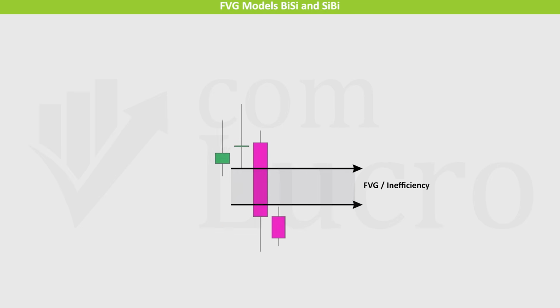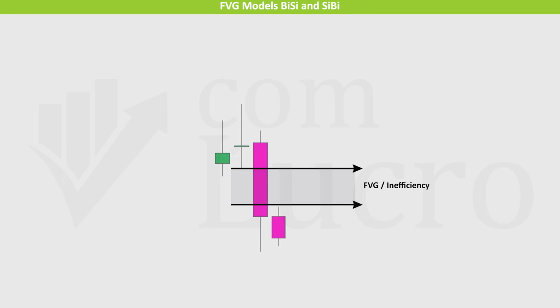The next type of fair value gap, the bearish one, is known as CB, which represents sell-side imbalance and buy-side inefficiency. This is similar to BC, but in reverse. In a CB scenario, the price moves sharply downward without enough buy orders to balance the movement, creating an imbalance.